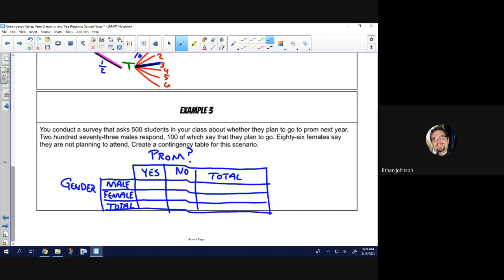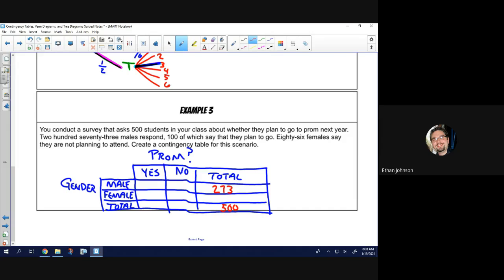So go ahead and take a moment and put in the numbers where you think they go. So we asked a total of 500 people. So my total column, total row would be 500. And then it says 273 males responded. So my total males is 273.